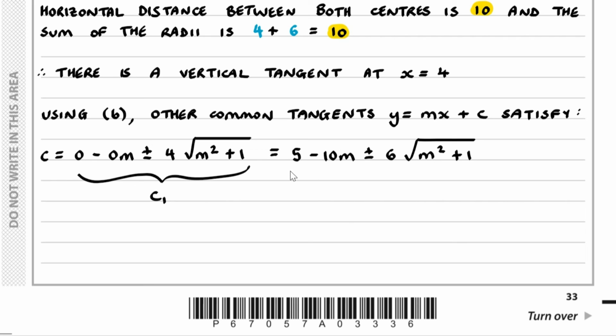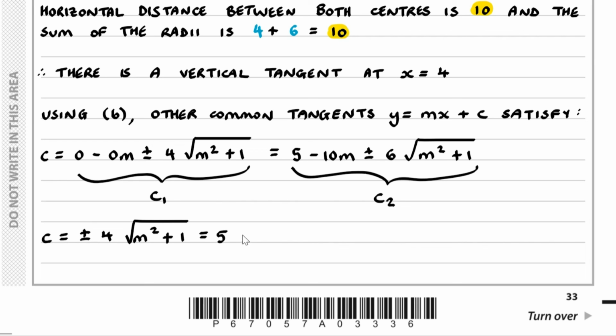So this is for curve C2. So if we simplify this even further, we have c equals plus minus 4 times the square root of m squared plus 1 equals 5 minus 10m plus minus 6 times the square root of m squared plus 1.